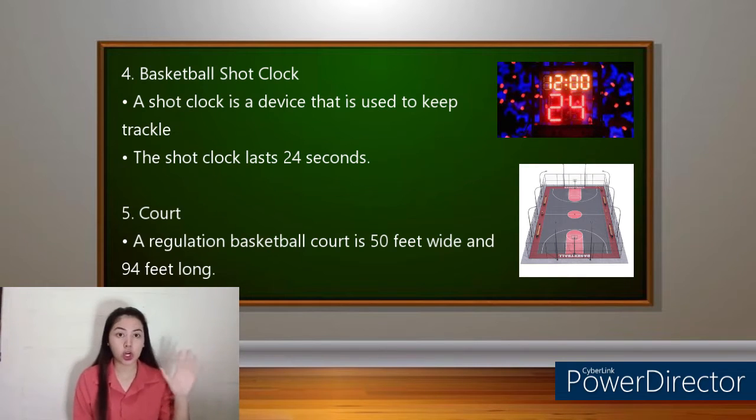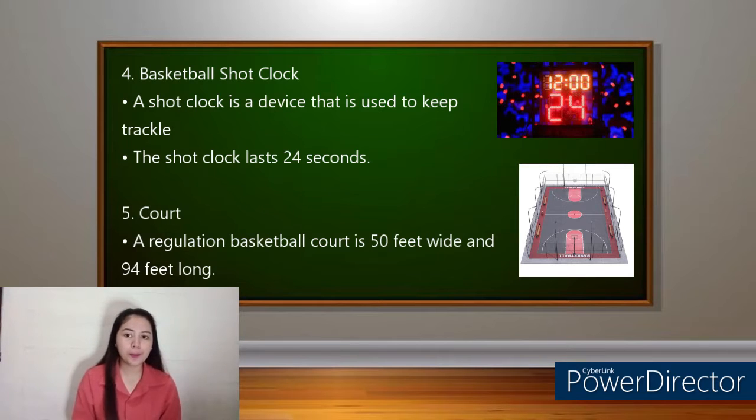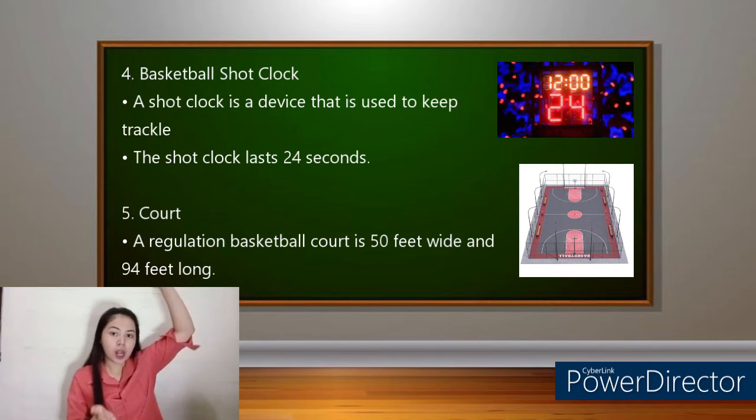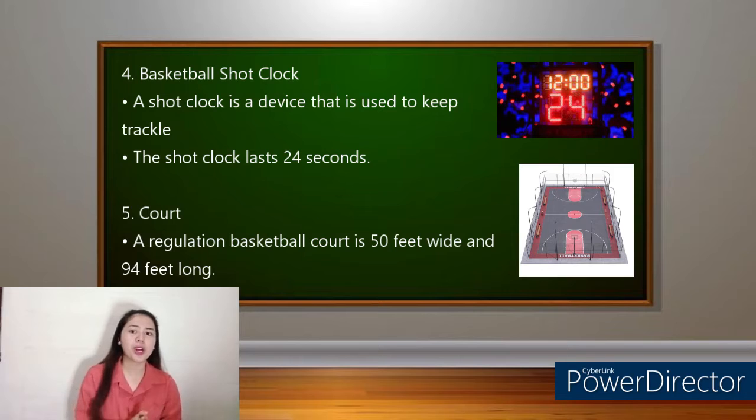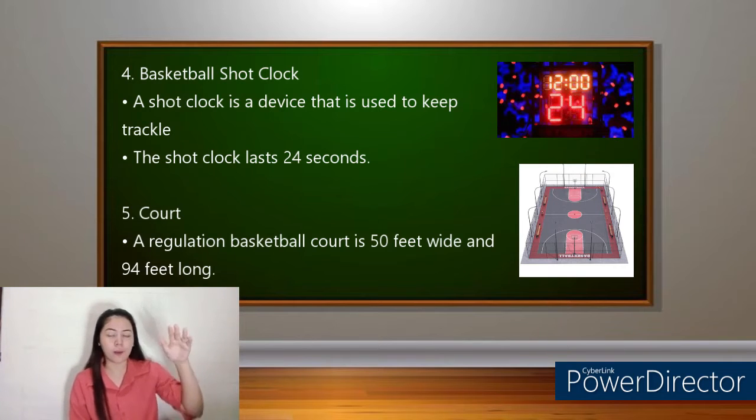Number 5 is the court. A regulation basketball court is 50 feet wide and 94 feet long. This gives a player the correct amount of space to shoot, pass, and score the basketball. So that means the court is 50 feet wide and 94 feet long.